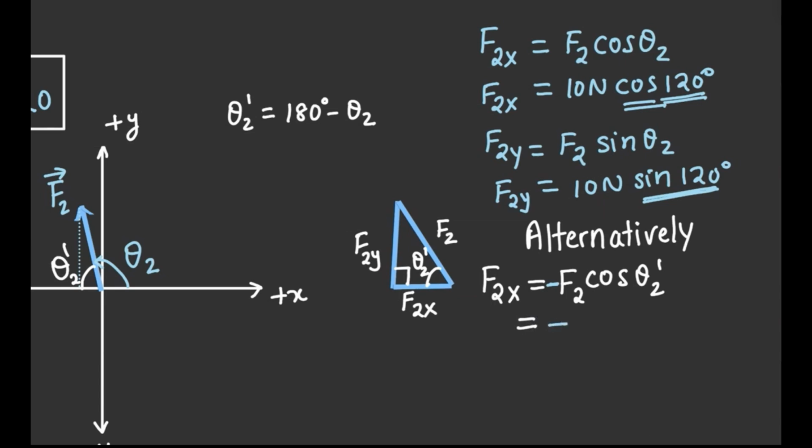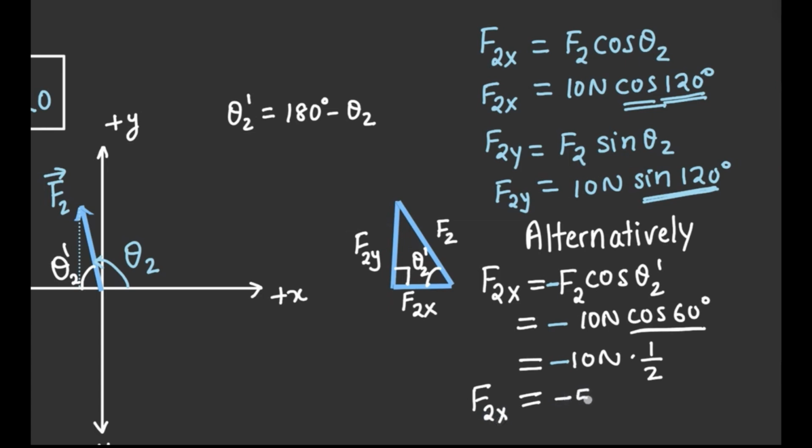We get negative, f2 is 10 newtons, cosine of 60 degrees. All right, so what do we get for f2x? We get minus 10 newtons times cosine of 60 degrees. It is equal to 1/2. So f2x is equal to minus 5 newtons.